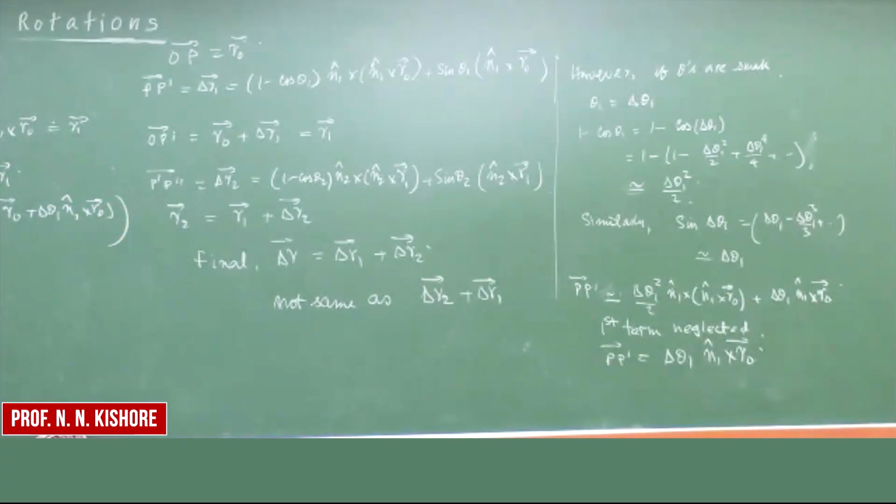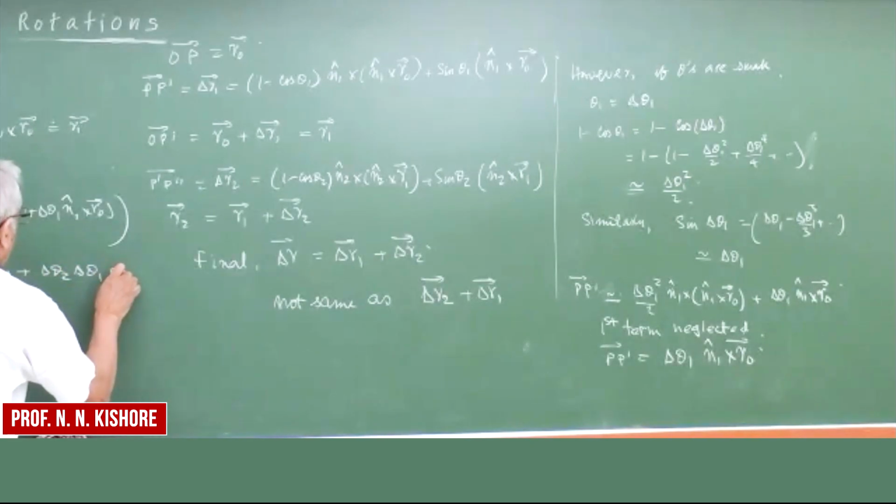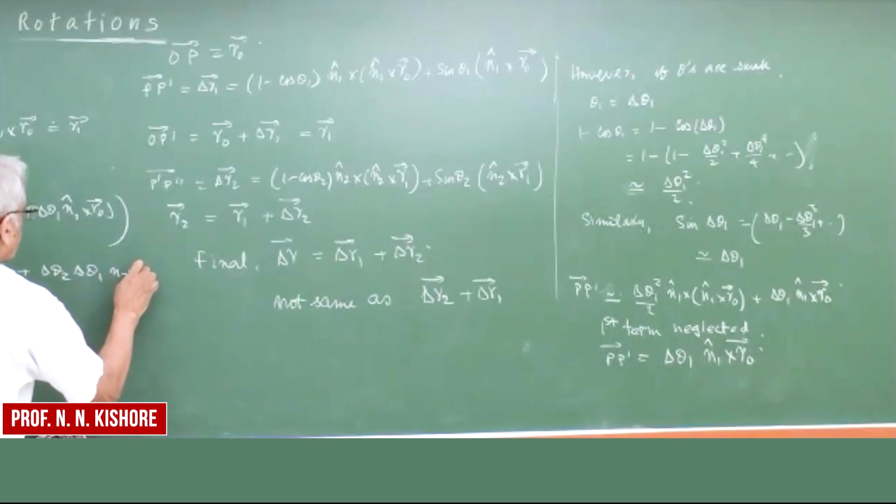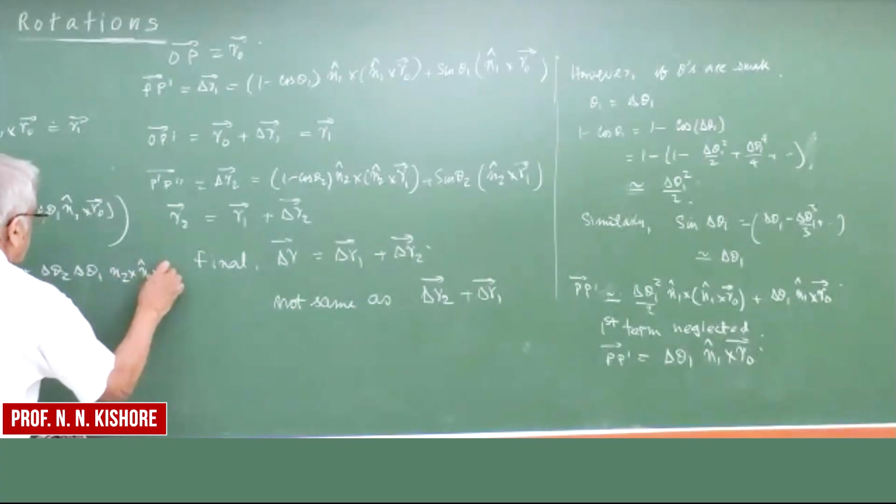Okay, so you can see quite clearly here that this is Δθ2 n2 R0 and Δθ2 Δθ1 n2 n1.